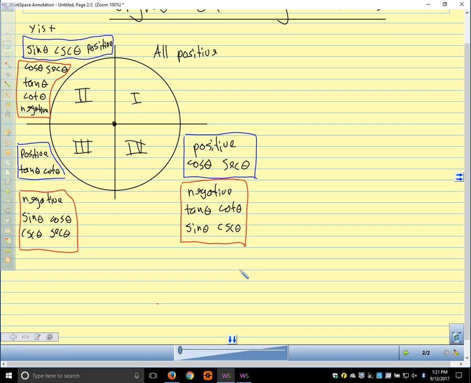So let's look at an example of how we might apply this. So I'll do the example over here. Let's say that we know the cosine of theta is 3/5. Now, before we go any further, what does that 3/5 tell us about?